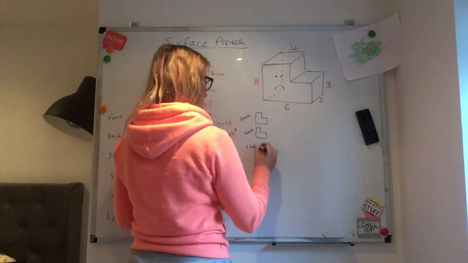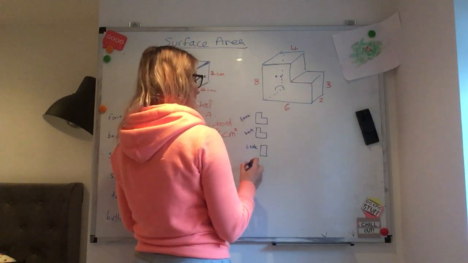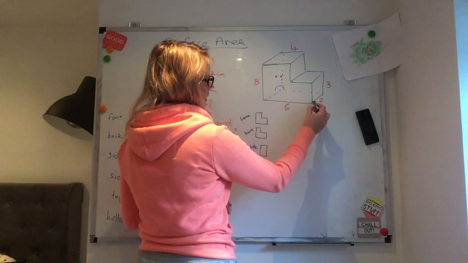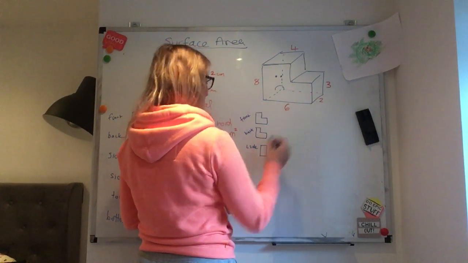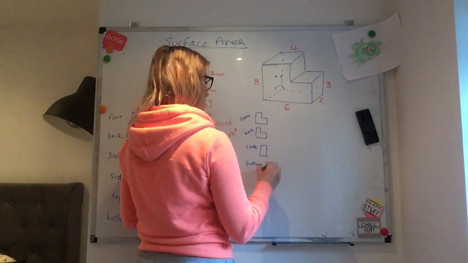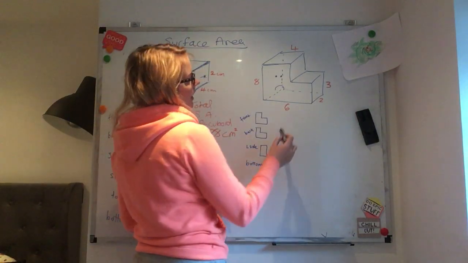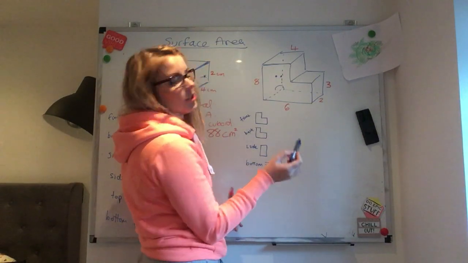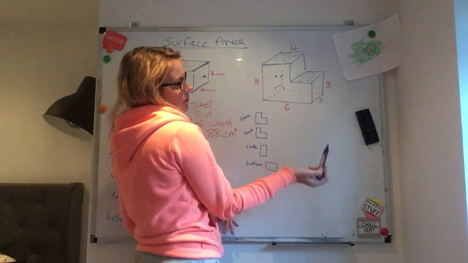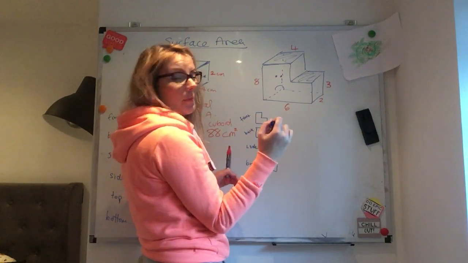I've got the bottom, which is a rectangle. And it's a bit of a cheat, but this and this are the same as the bottom. So you might want to combine them.